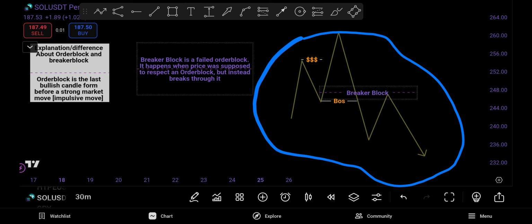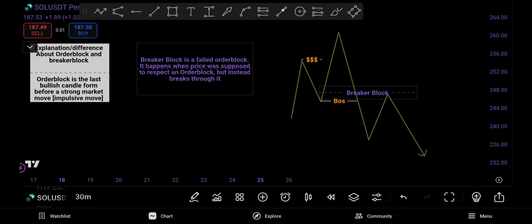What we were expecting in this kind of form was that the market was supposed to fill this order block over here, then go back to our direction. That was what was supposed to happen if there's an order block over there.